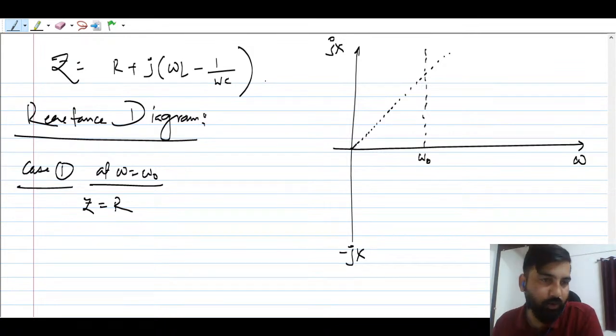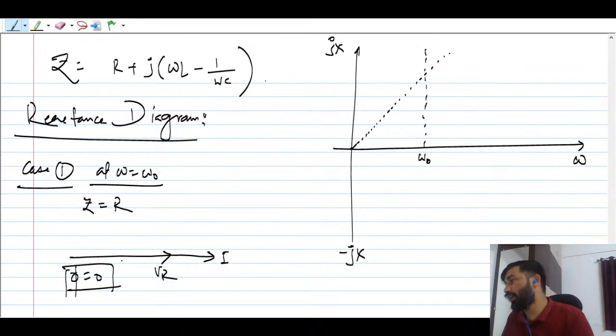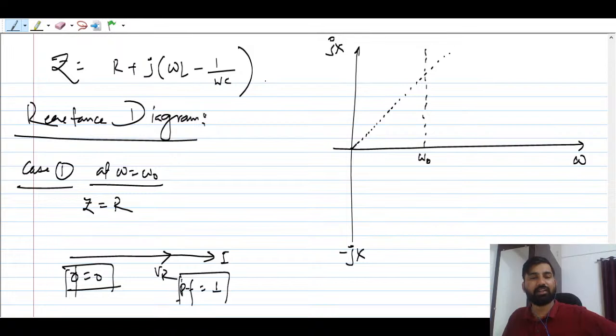So at omega equal to omega naught, Z is going to be equal to R. This is very important. What is the phasor diagram here? Since current is common, your voltage will be in phase with it. So phi is going to be 0 always, and you will get unity power factor at resonance.